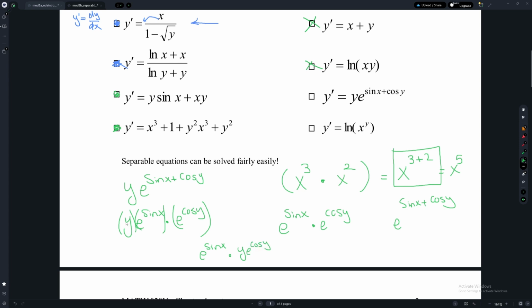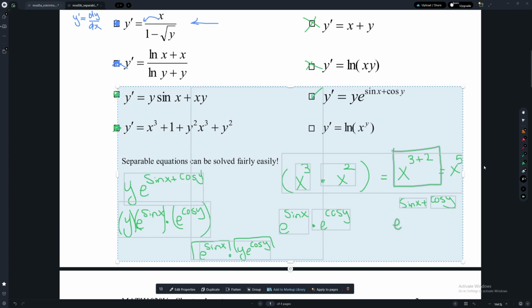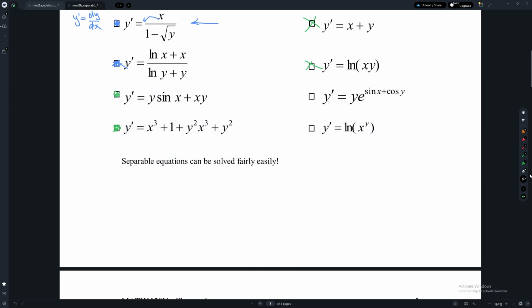I just took this from here and put it in the middle. It's all multiplication. It's the same thing. So now this is one term and this is the second term. That actually does work. All right, so this one works.